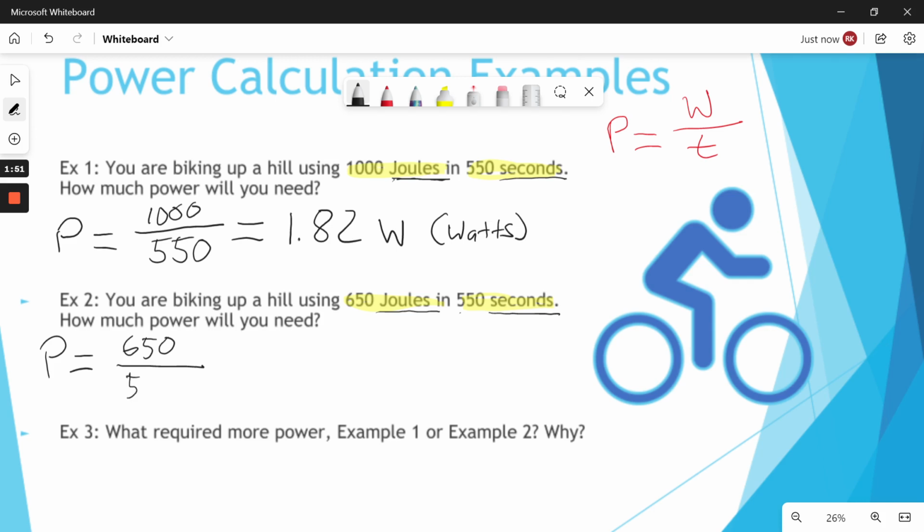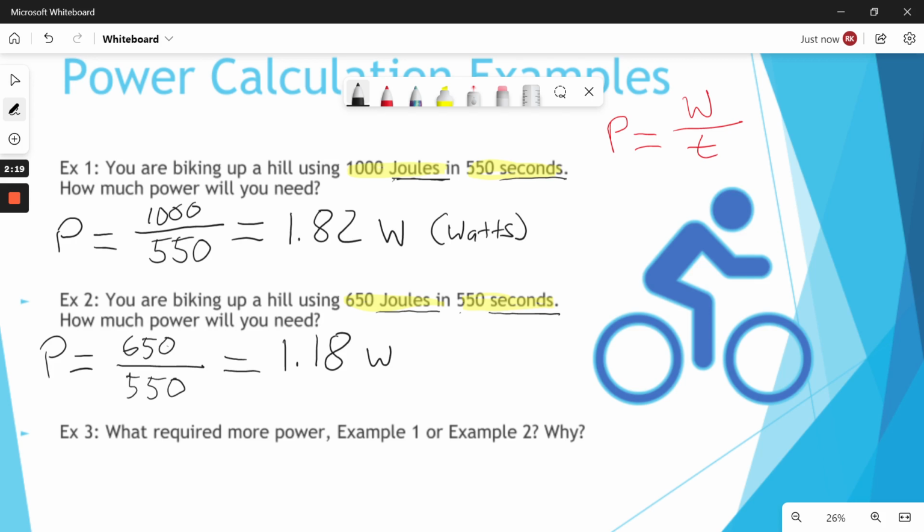So 550, right? Work number divided by time number. Again, just type it in your calculator, do it in your head, whatever works. And this comes out to 1.18 watts, W. Okay, so again, there's our other answer.